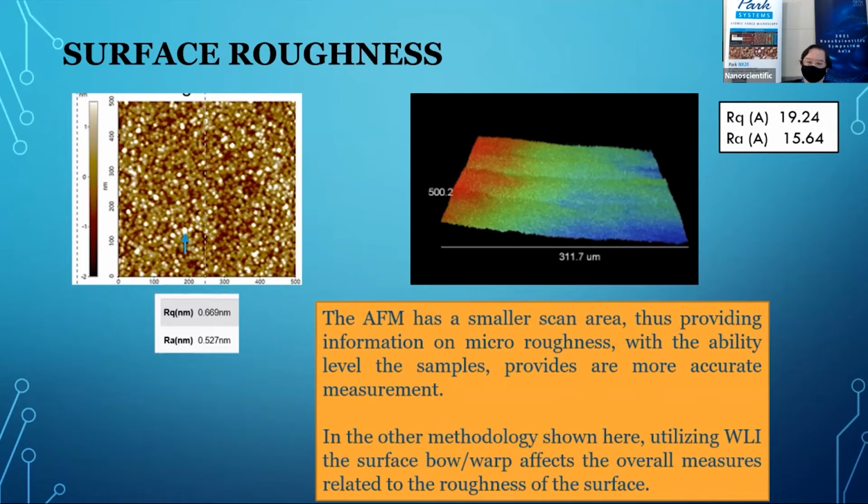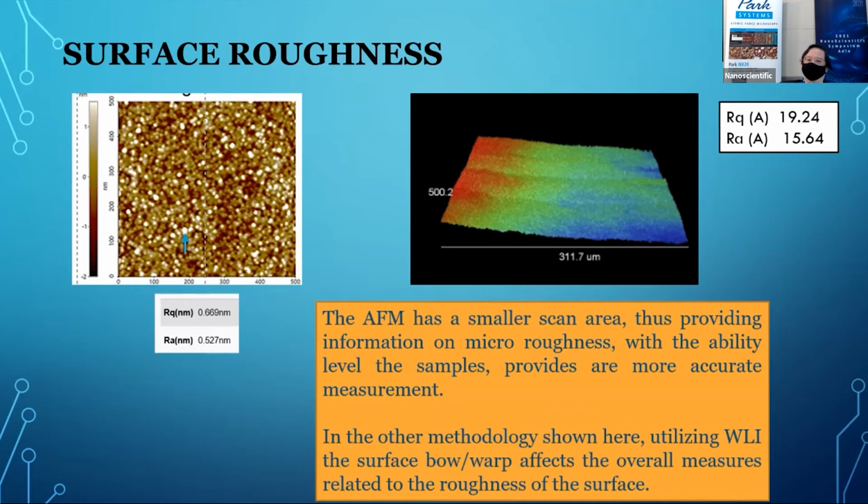Yes, in both cases, as you note here, it gives a measurement of roughness. But at the end of the day, which would you prefer or trust more in terms of accuracy? Definitely the AFM brings us a much more accurate and quantifiable measure of the surface compared to white light interferometers.